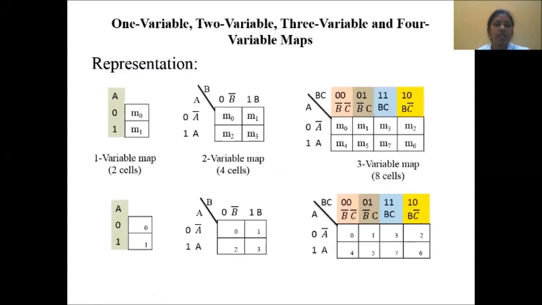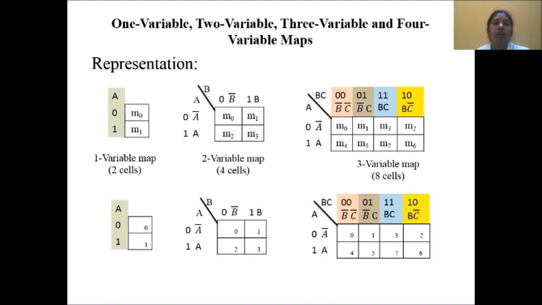The representation is given. Here M0 and M1 represent the min terms, the 0th min term and the first min term. In a 1 variable K-map, we have only 2 min terms, M0 and M1. In a 2 variable K-map, there are 4 min terms, M0, M1, M2 and M3.